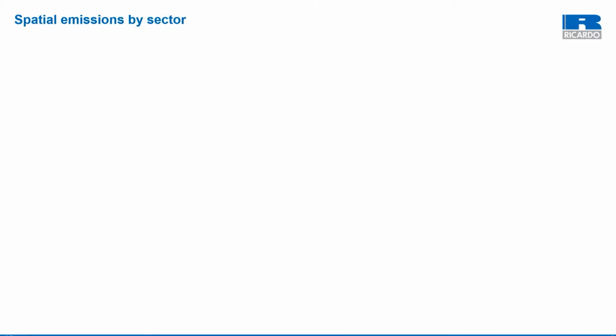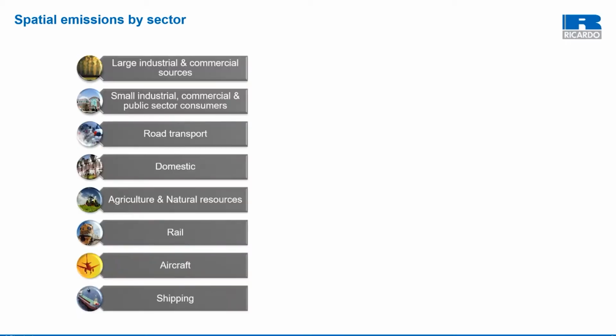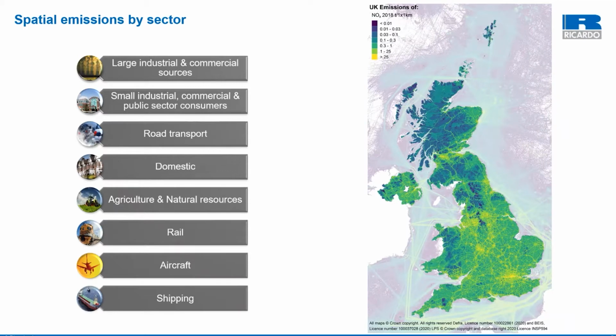So what does the inventory include? The inventory includes emissions from all the known sectors that exist in the UK. These are the most important ones. On the right side, we see a map of the UK for nitrogen oxides for the calendar year 2018.